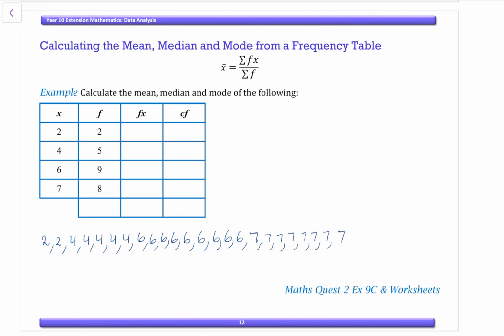Now you don't need to do this, but this helps understanding where our calculations are coming from. So our first step is to add our frequencies. Because of what I've done down the bottom, you should realise that adding my frequency tells us how many scores there are. So the sum of f is how many scores there are.